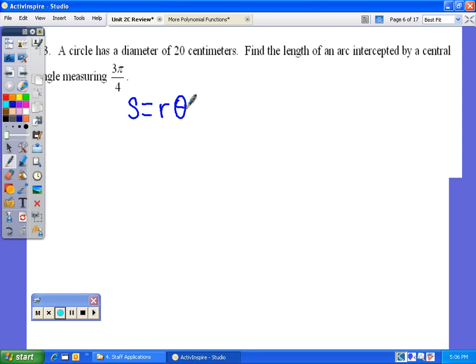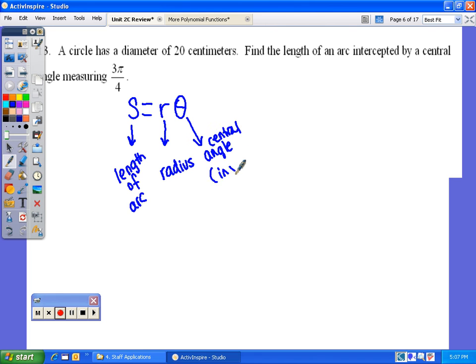You need to know this formula, which represents the length of the arc, and it comes from the radius times the angle, which is the central angle, in radians. Which means that if they give it to you in degrees, you must change it to radians.